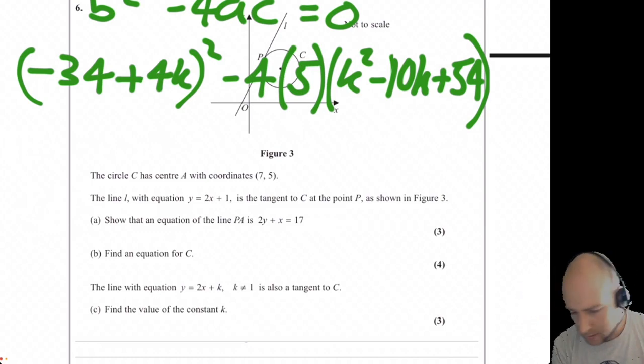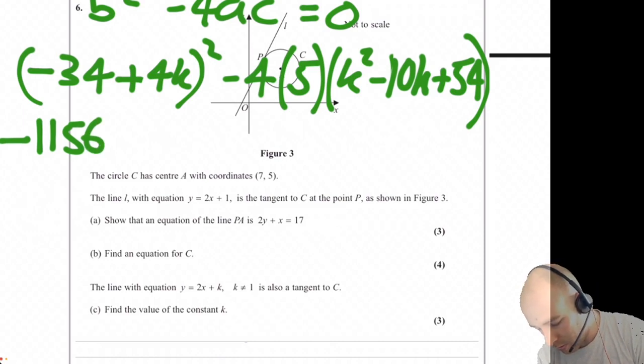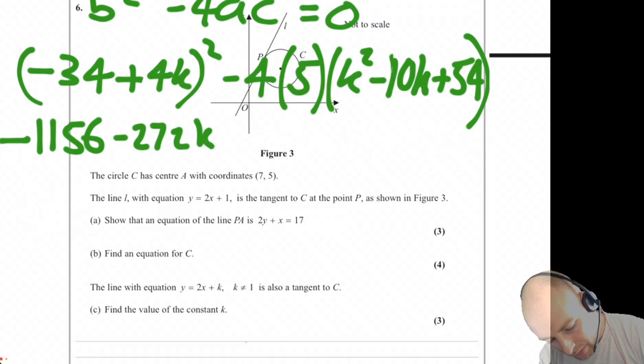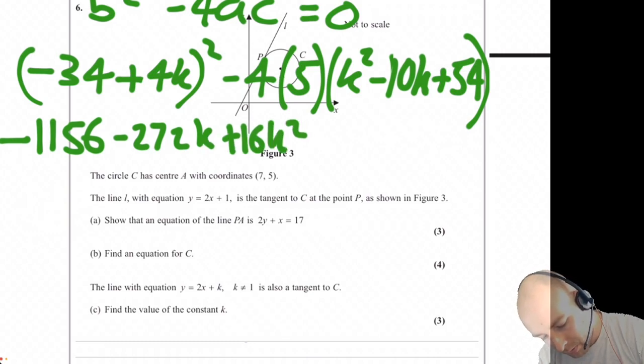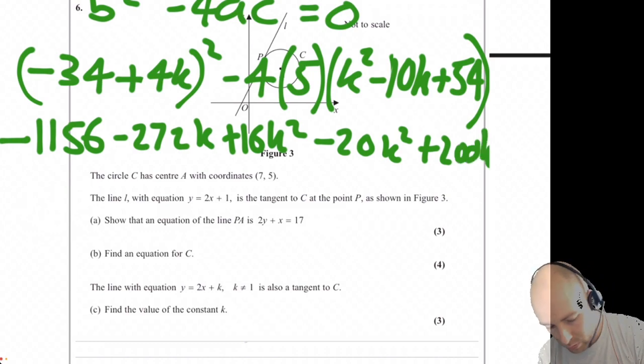Anyway, so let's expand all this. If I do this again, minus 34 squared is 1156. 4 times 34 times 2, so it's going to be 8 times 34, which is minus 272k, and then plus 16k² minus 20k² plus 200k, and then 54 times 20, plus 1080.